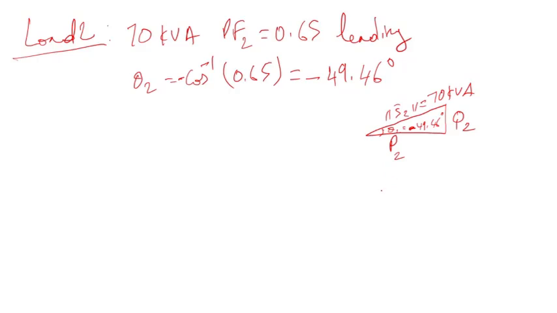But if you want to draw it the other way, you can do this. So this is P2, this is S2, this is Q2, and the angle is this way, 49.46 degrees, but it's negative.